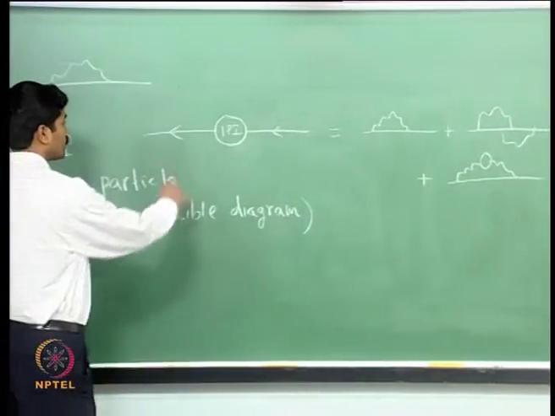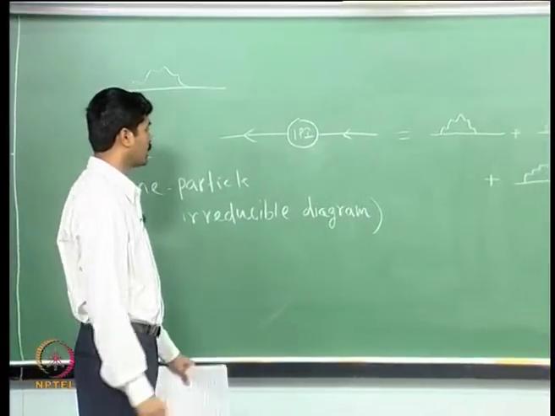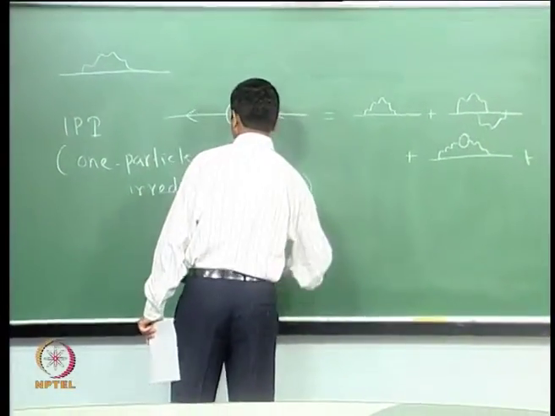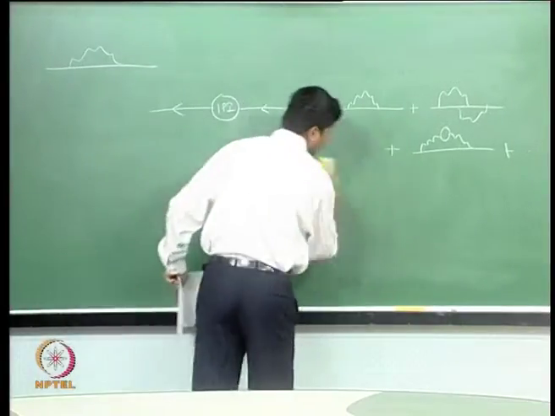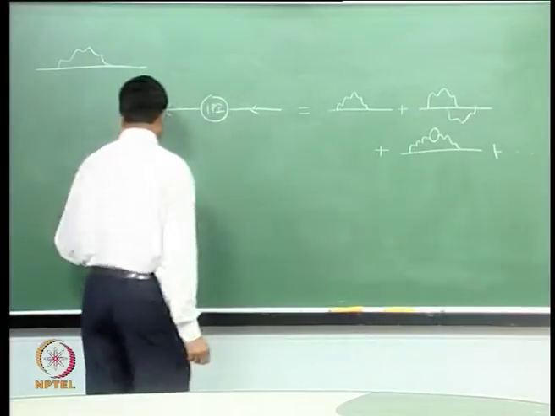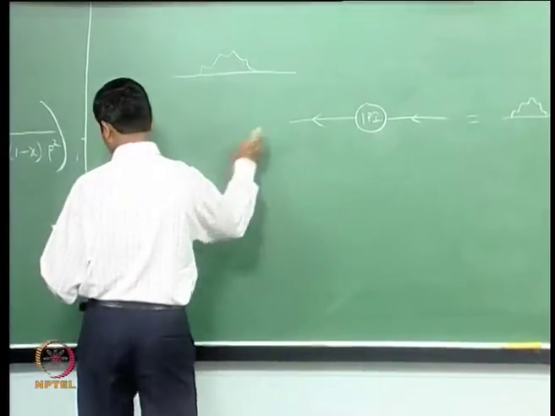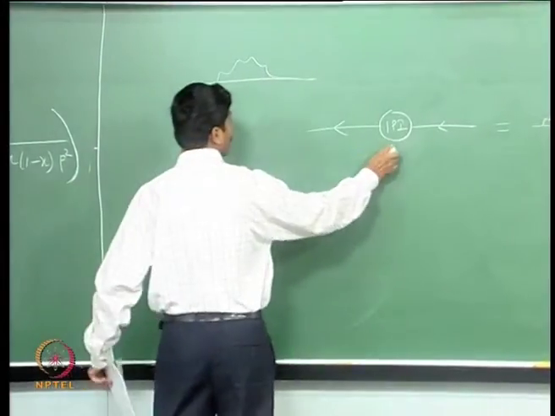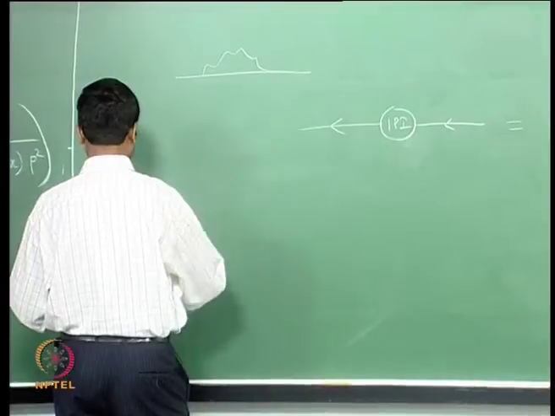All such diagrams you sum over, and this is what you have. If this is what you denote as the one particle irreducible diagram, then the exact propagator will be given by a sum which involves all such one particle irreducible diagrams.